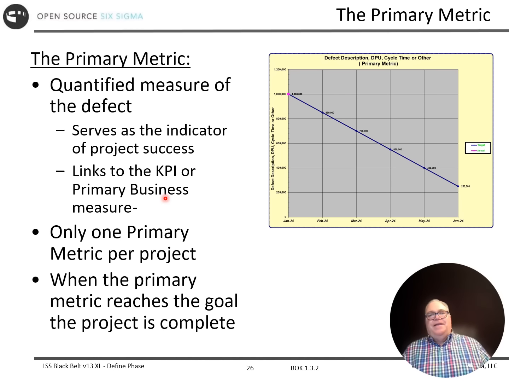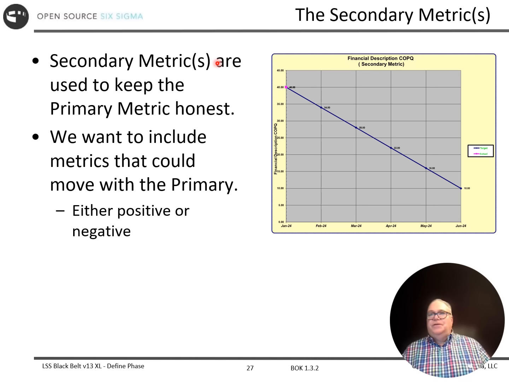Also, in the template, we have a space for a secondary metric, and you can copy and paste and add as many secondary metrics as you think you should track. And the idea is that I'm going to keep the primary metric honest.